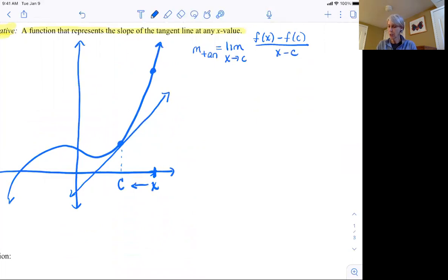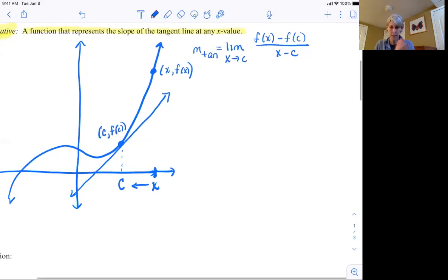Basically, yesterday, this point was c and f of c, and this point up here is x and f of x. So now instead of using c and x, we're going to call this c value x. And this value over here is going to become x plus h, where h is an amount.